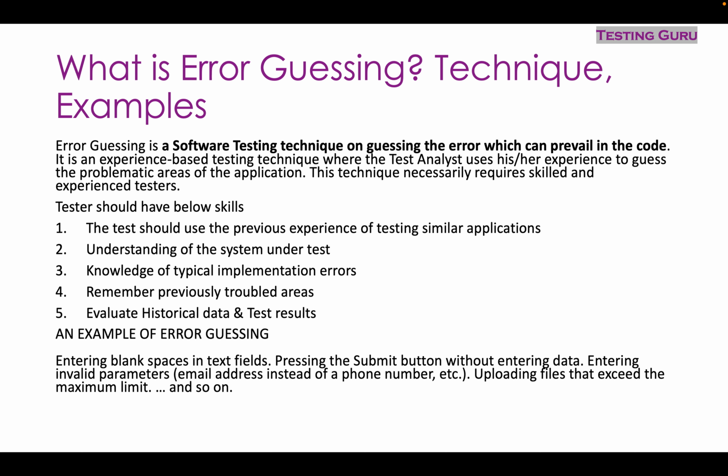In these cases, usually the errors come in some applications, so we have to guess with these skills. Then entering invalid parameters, such as an email address instead of a phone number, and uploading files that exceed the maximum limit, and so on. These are the different kinds of examples of error guessing.